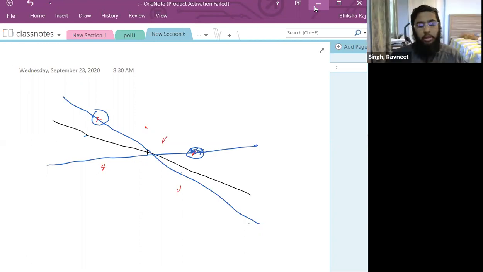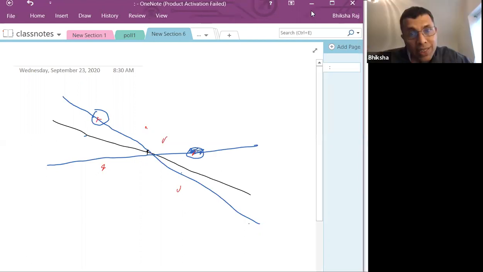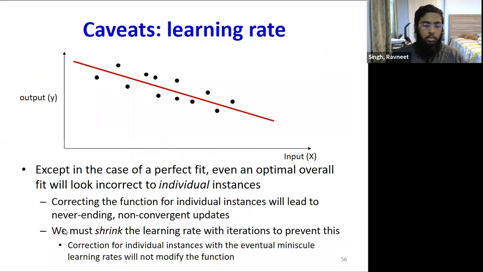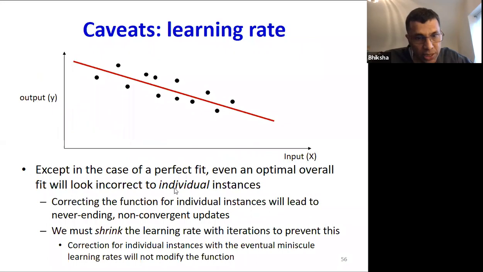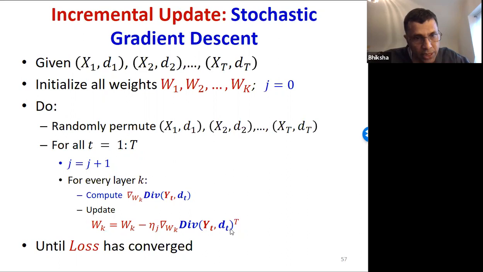So then do we have to decrease the learning rate? You have to decrease the learning rate with iterations. You must shrink the learning rate with iterations to prevent this oscillation. That way, eventually the correction for individual instances, with the eventual minuscule learning rates, is not going to modify the function.